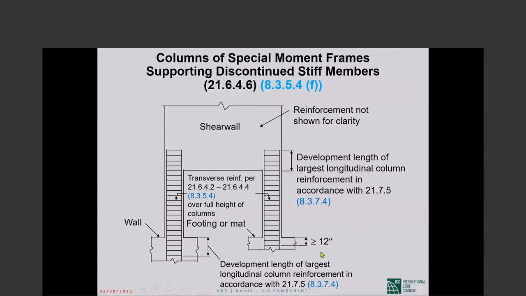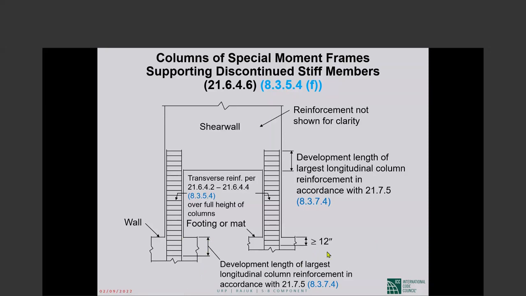And that reinforcement shall continue at least 12 inches into the footing. Or if the column sits on another structural member, the transverse reinforcement shall continue at least one development length of the largest longitudinal column bar.